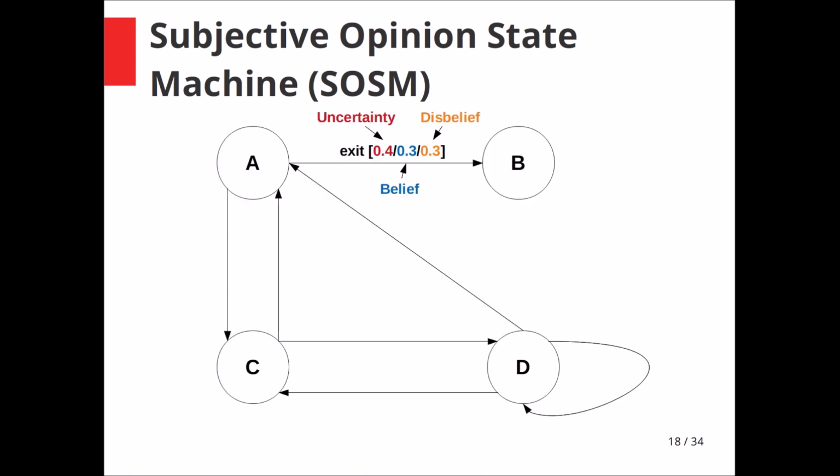With this information, we can complete our example by mapping the computed uncertainty and belief values to the individual transitions. The disbelief value is then computed by computing 1 minus uncertainty minus belief. That means uncertainty plus belief plus disbelief must always sum up to 1.